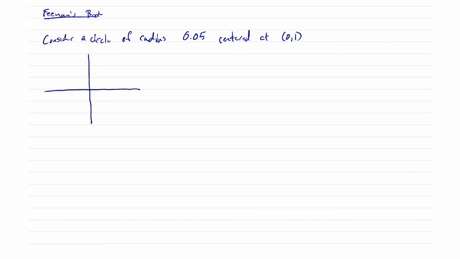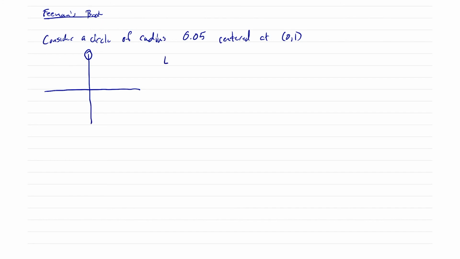So x is 0 and we're up at 1, and the radius 0.05 is like 1/20th.